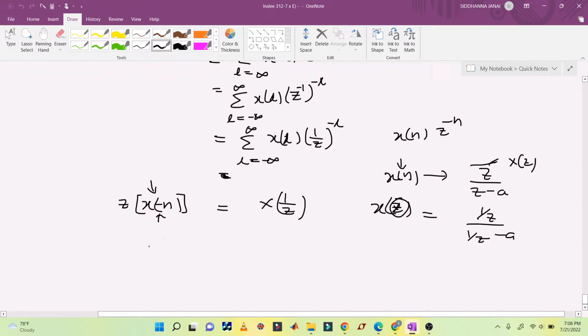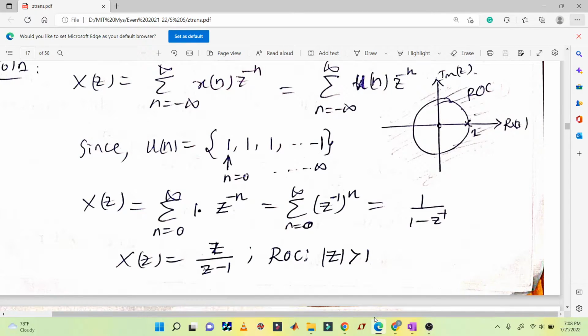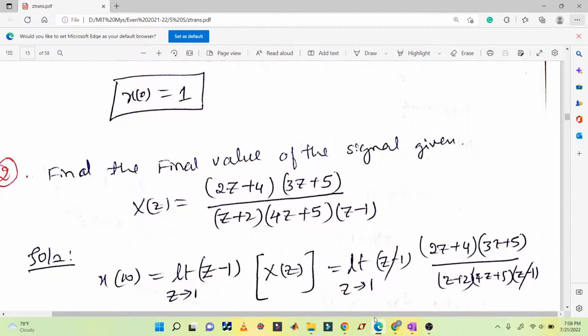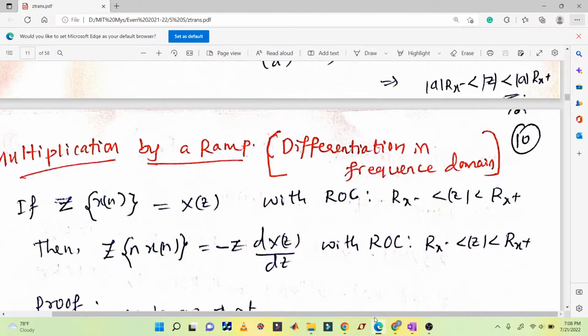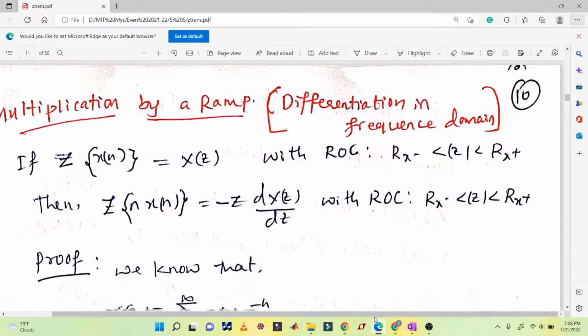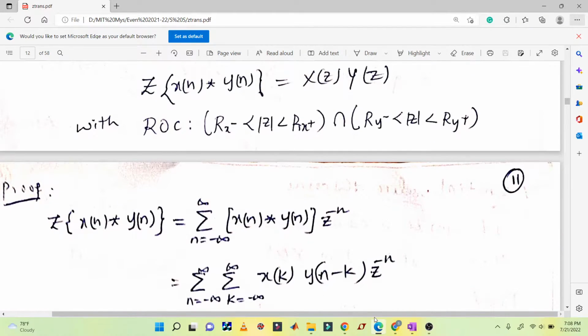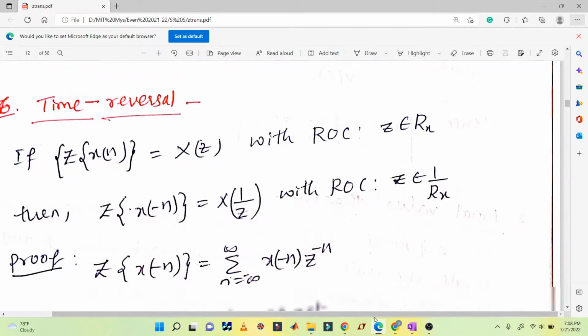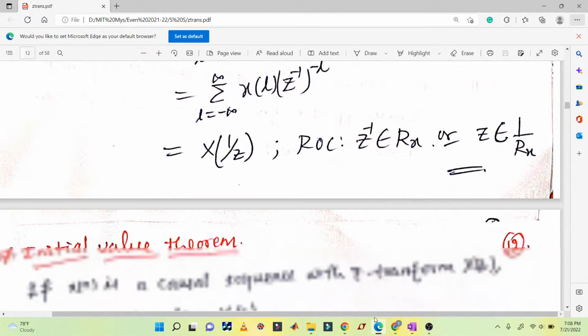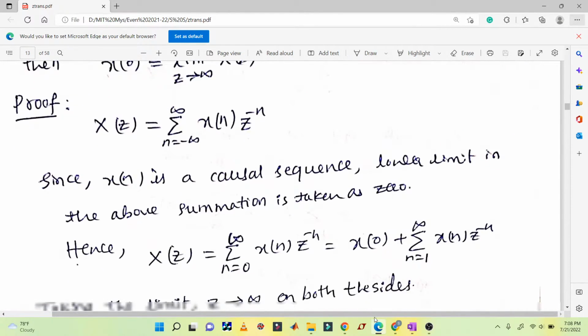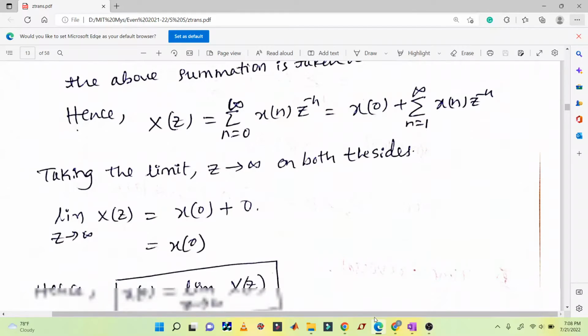So now, as I had explained to you in the previous class itself, we are going to understand the final value theorem, convolution property, time reversal, multiplication by a ramp, and initial value theorem. These things we have studied already.